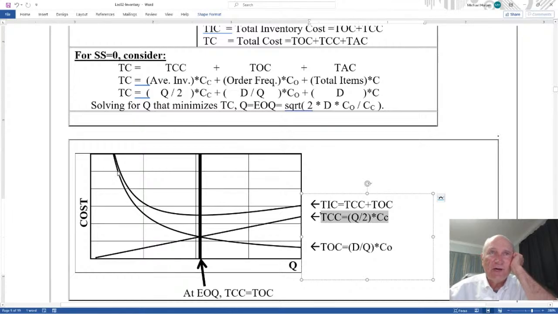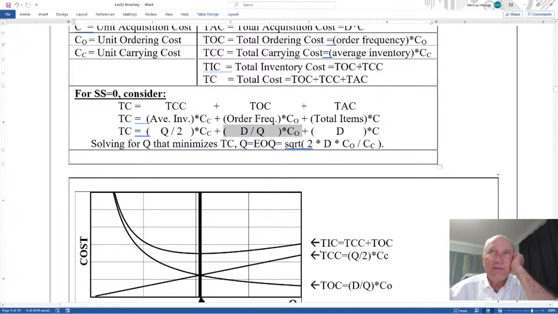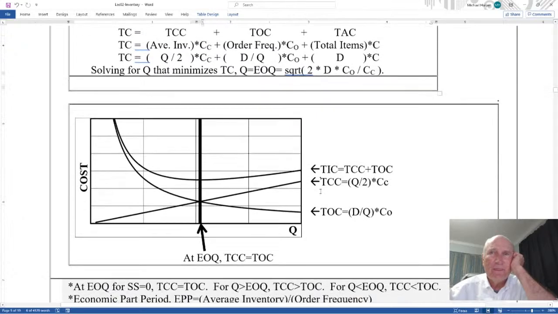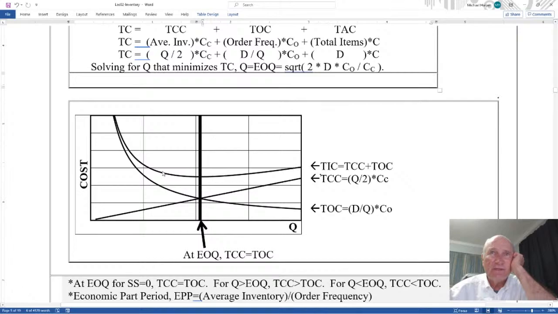Now this nonlinear hyperbola is a reciprocal, and this is my total ordering cost, this equation right here. If I add these two together, that's my total inventory cost, ordering and carrying, and that gives me this line right here.